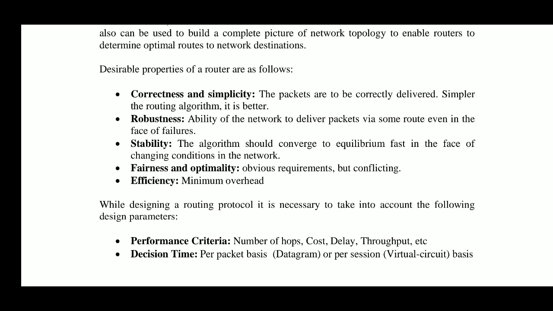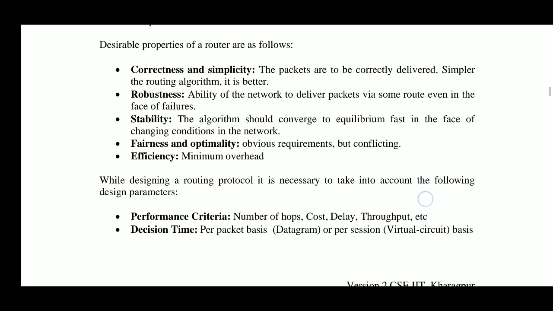So the desirable properties of a router, not the router but the routing algorithm, are as follows: correctness and simplicity, which means the packets are to be correctly delivered and the routing algorithm should be simple. Robustness defines the ability of the network to deliver packets via some route even in the face of failures.